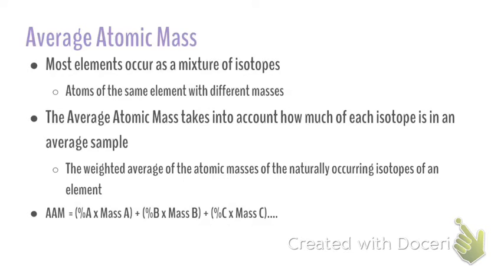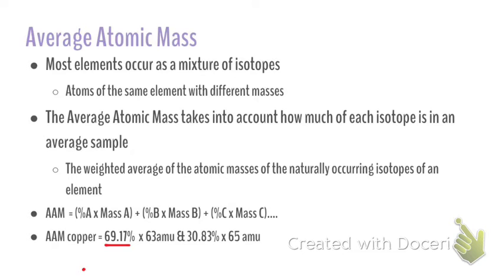So in this example here, I think I gave you copper. It's 69.17% abundance of an isotope that weighs 63, and then 30.83% abundance of an isotope that weighs 65. So if I was going to calculate the average atomic mass, can I leave that as a percentage, or do I need to put it into a decimal? I need to put it into a decimal.